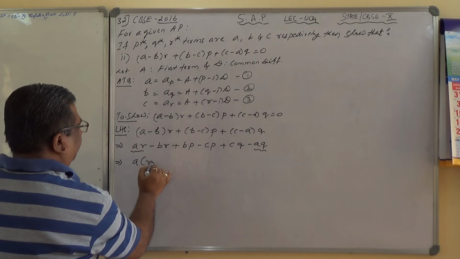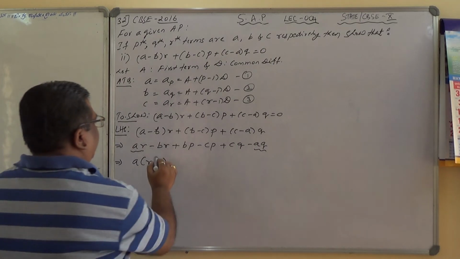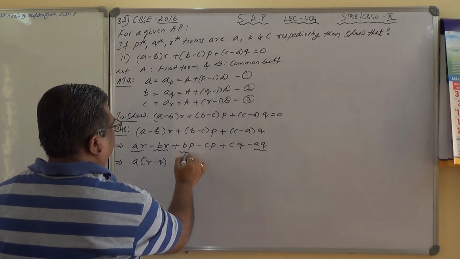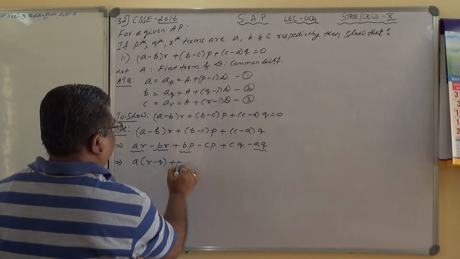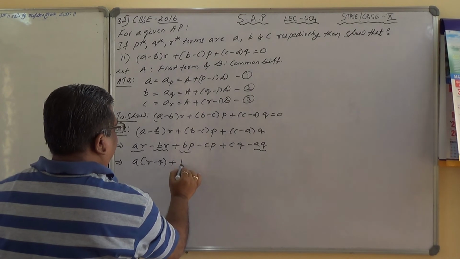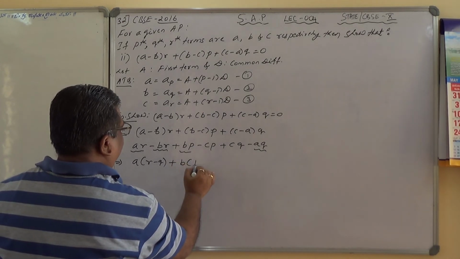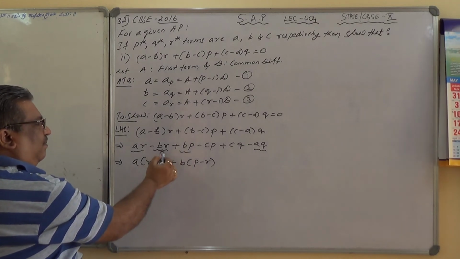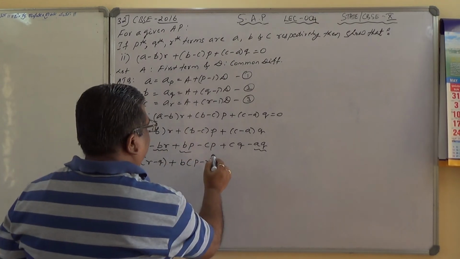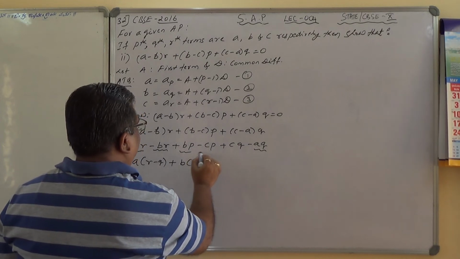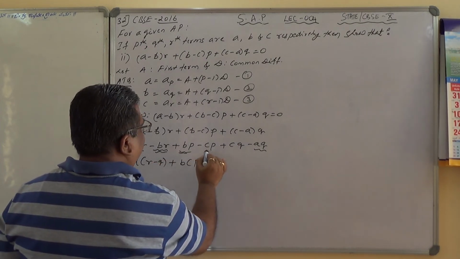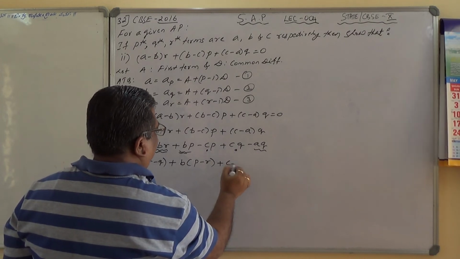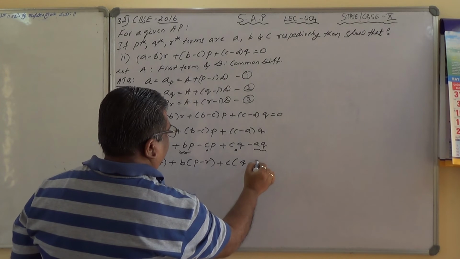Implies A, R minus Q, plus B, P minus R, plus this, first this term, next this term, so P minus R. Now this is the second and this is the third one. C is a common, sorry, Q minus P.